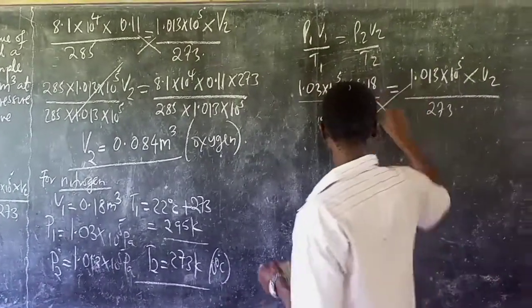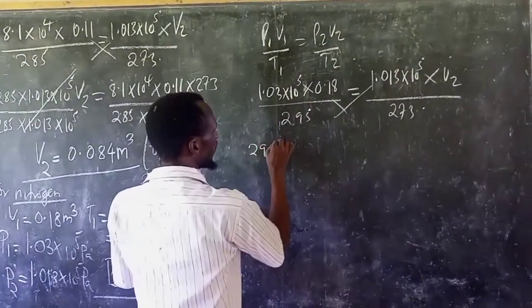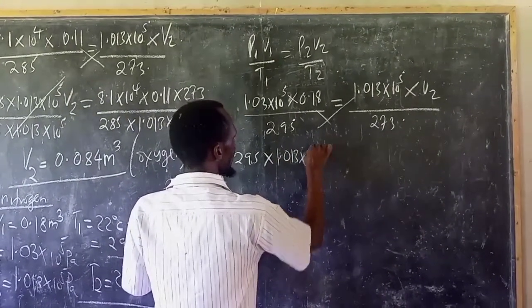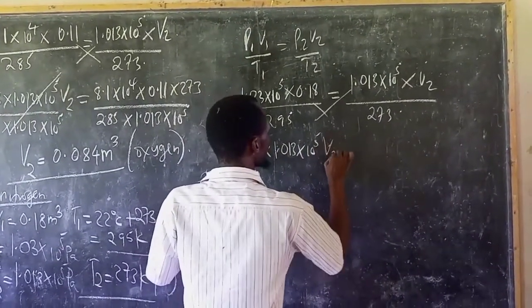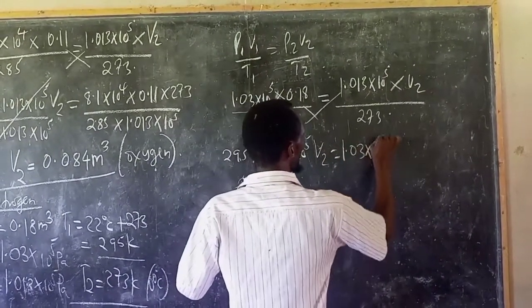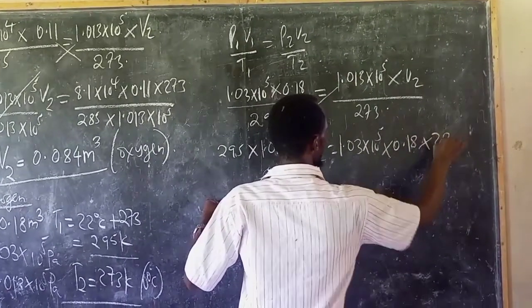Now mathematically you cross multiply. You find 295 times 1.013 times 10 raised to power 5 times V2 is equal to 1.03 times 10 raised to power 5 times 0.18 times 273.